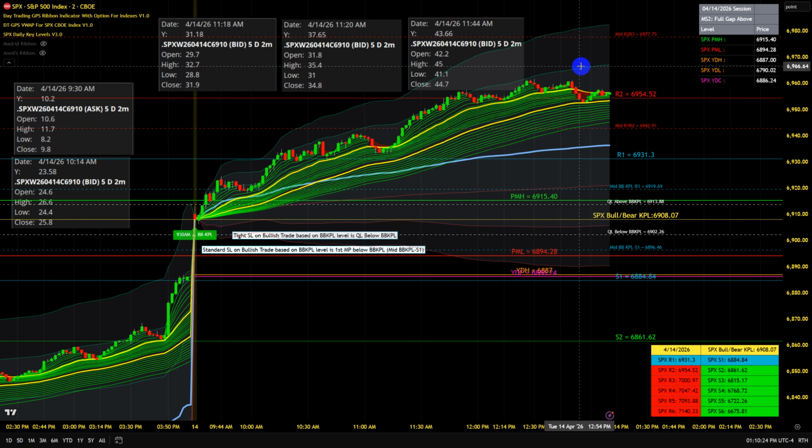One is either exiting your one option at the 1.5 level move in your favor, or the minimum ideal 2 level move in your favor, or adjusting your stop loss at either one. So the third alternative we talked about is really going to apply if you are trading 3 or more options as your initial position.